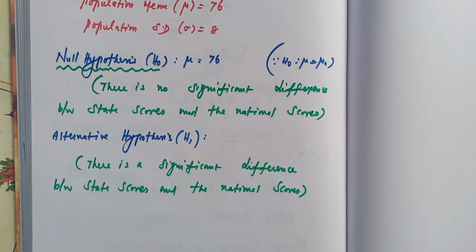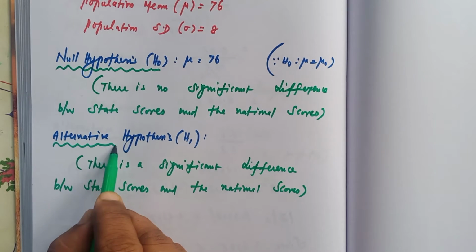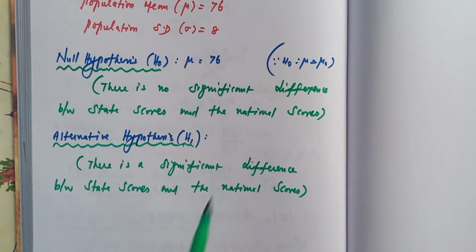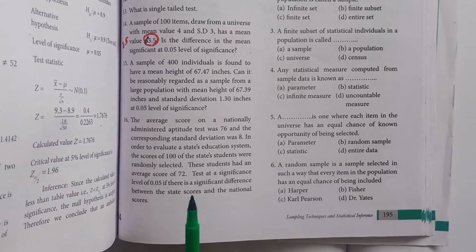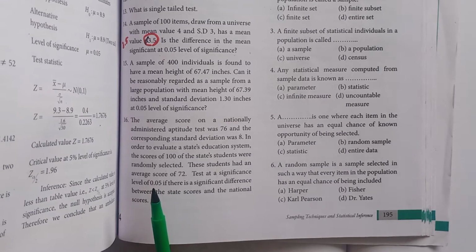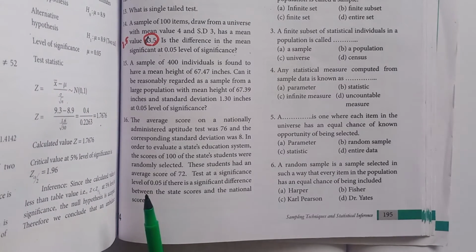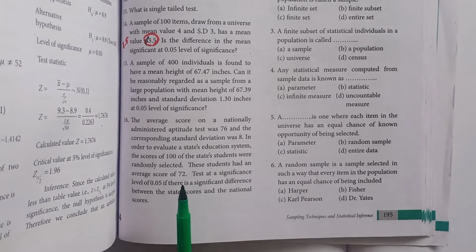Now which condition is to be applied for the alternative hypothesis? We have to verify the question first. In this question there is no word increasing or decreasing, so it should be treated as a two-tailed test.